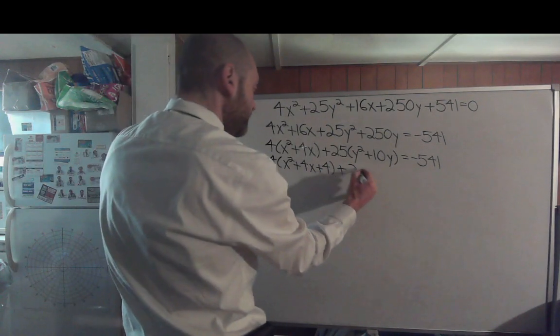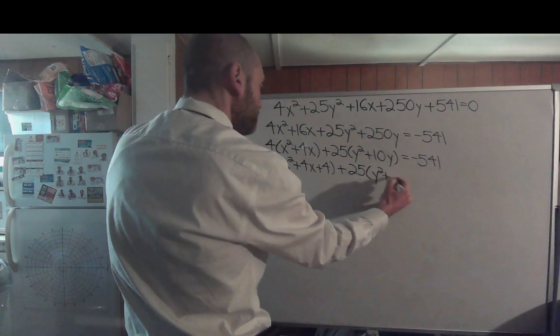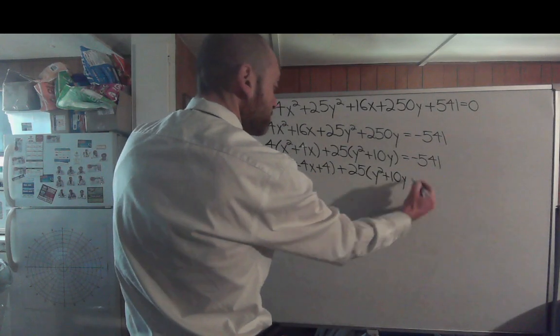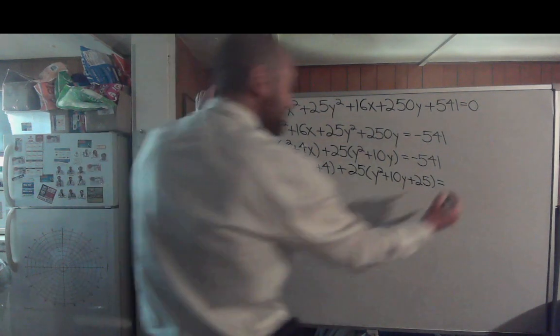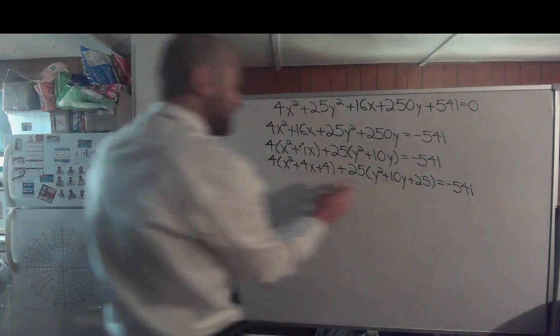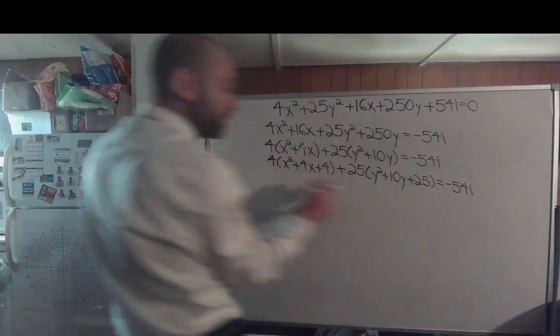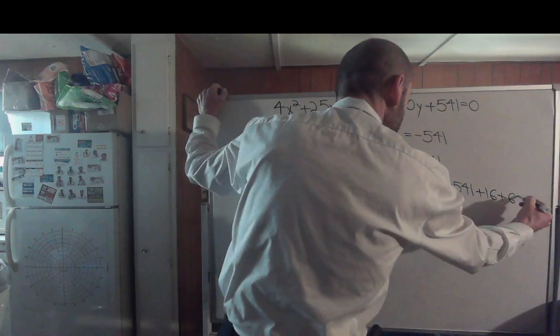plus 25 times the y squared plus 10y plus 25 equals negative 541. But we got to add these other terms from completing the square, so this would be plus 16 plus 625.